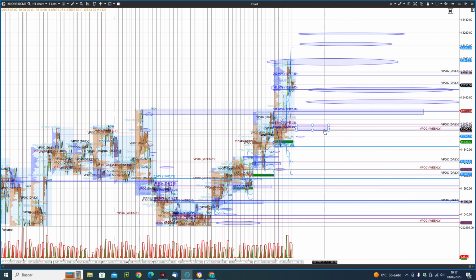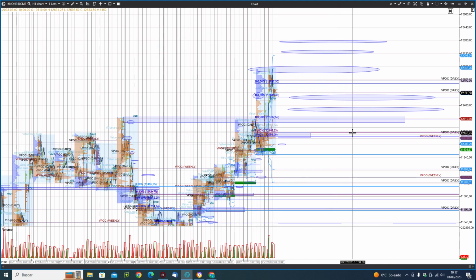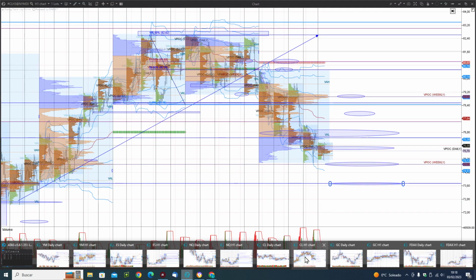If it breaks, next step, very clear, this price action zone where there is a naked daily VPOC and the current weekly VPOC. Zone from 12,076 to 12,090 to 12,146. Well, let's see.